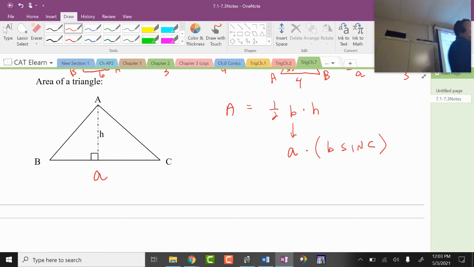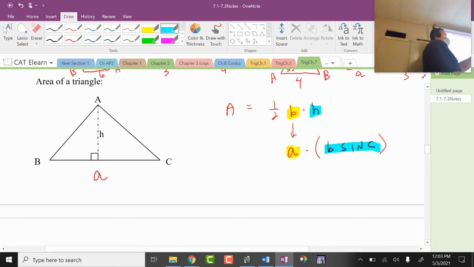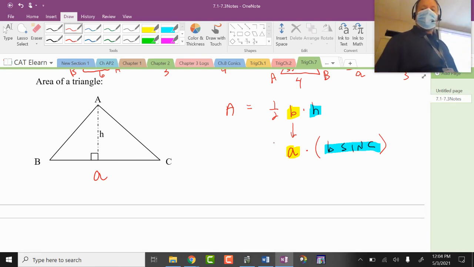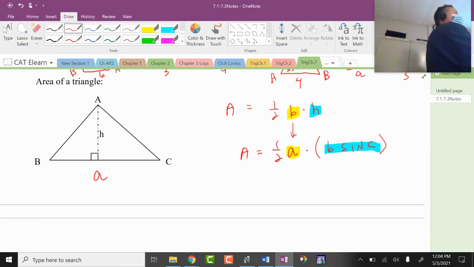They prove that if I make this the base, side A, then the height can be expressed in terms of B sine C. It's actually true. Oh, and sorry, I forgot the half part. So there's your area formula in terms of trig. And again, I'll leave it up to you if you want to watch that video. But no matter what, you have to have this formula memorized.